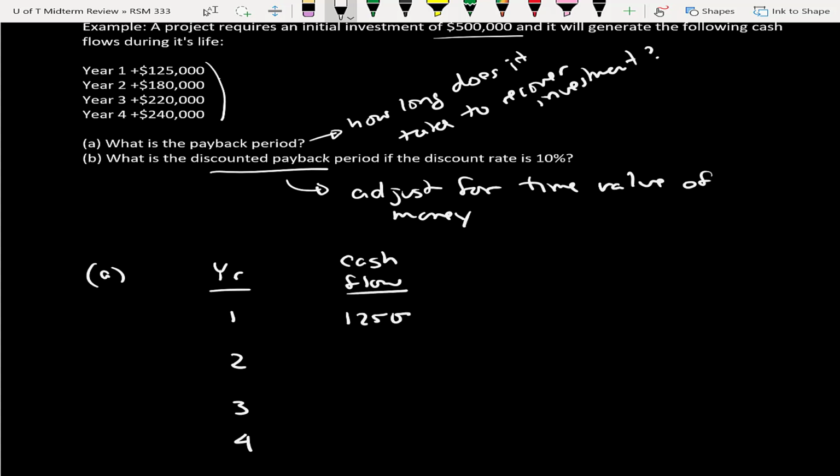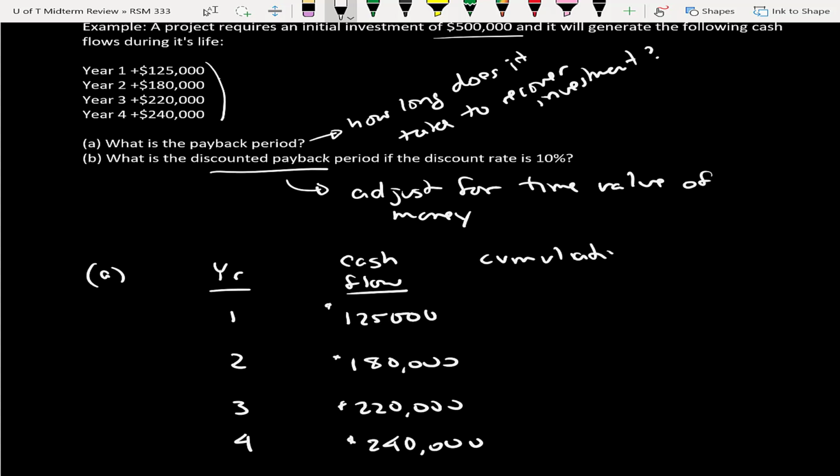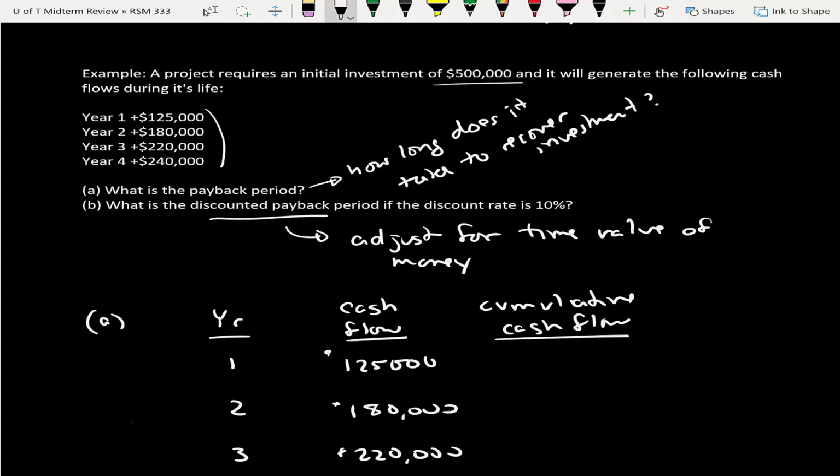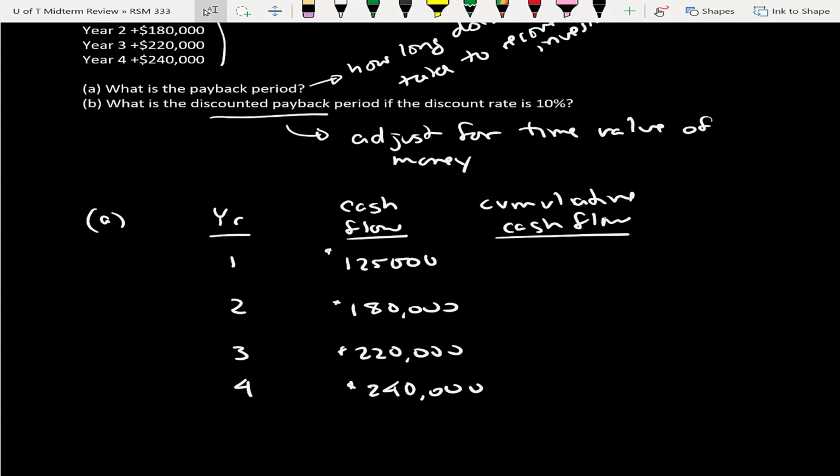And the first year we get 125, then we get 180, then we get 220, and we get 240. So if I look at the cumulative cash flow, that's going to be the relevant number. So if I keep adding from the beginning of the project to the current year, how long or how much did I recover?